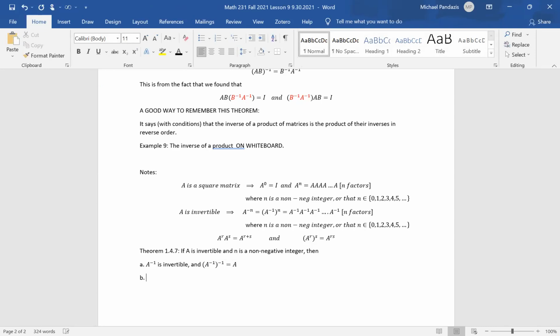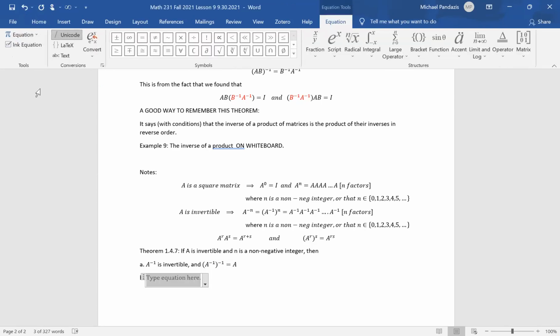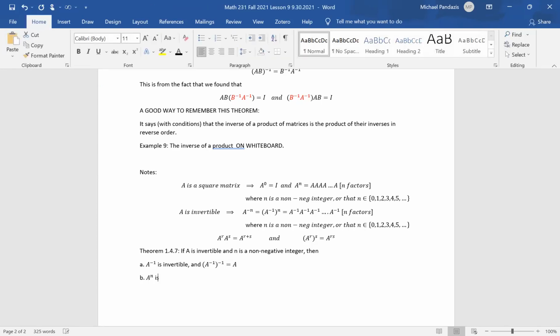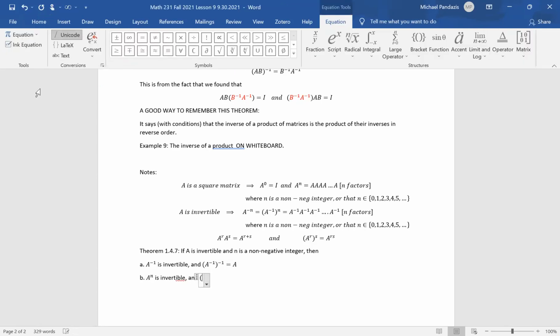Part B, this is if A is invertible. A to the n, where n is a non-negative integer, 0, 1, 2, 3, 4, 5, 6, and so forth, is invertible, and the inverse of A to the n is equal to A to the negative n, which is A inverse to the nth power.